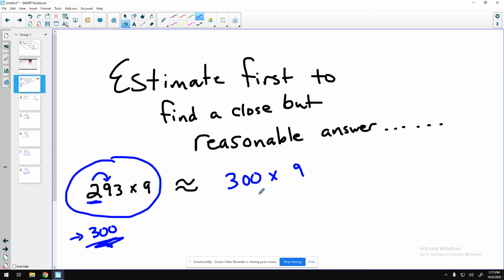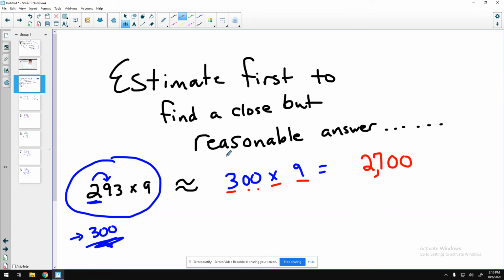So my reasonable estimate will be 300 times 9. And last week we found out that we're going to take the multiplication fact, and then we're going to take the 2 zeros, and we have our answer. So our close but reasonable answer would be about 2,700 people on that flight.